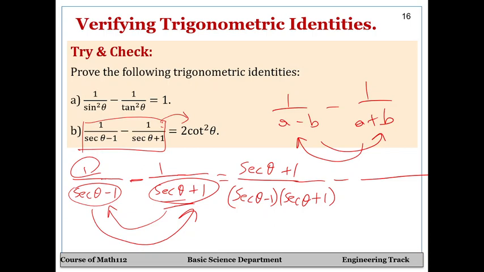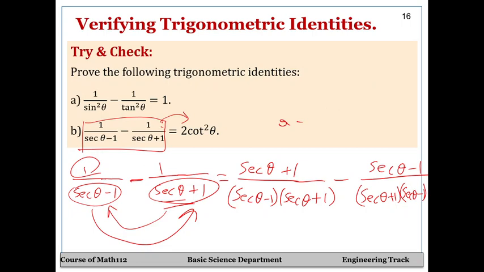We will get secant theta plus 1 times secant theta minus 1, and I multiply 1 with secant theta minus 1.